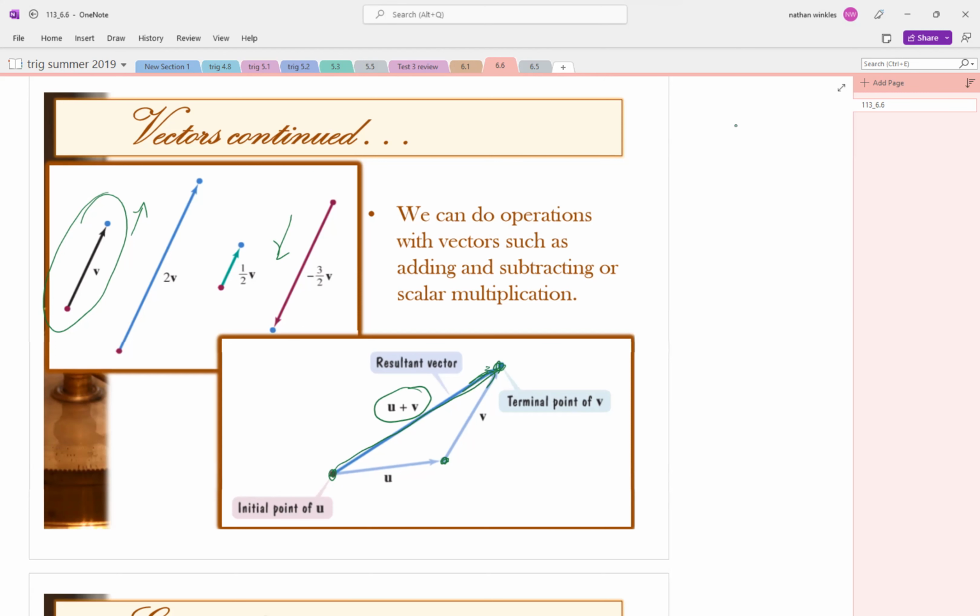It should be a little bit smaller in length, because if it wasn't, we'd have no difference from going U then V. That's why we have this extra piece called the resultant vector.